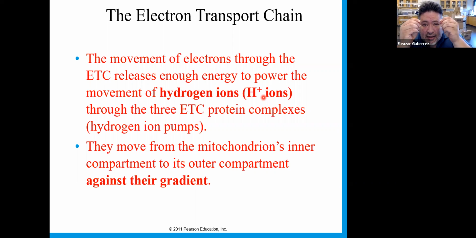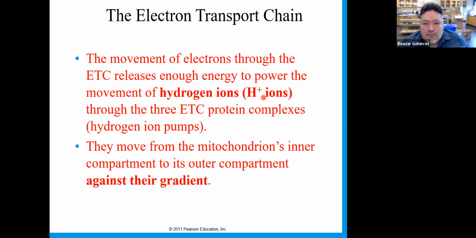Absolutely not. Just like phosphate groups don't want to be next to each other because of those net negative charges, protons are very, very tiny, but they have a complete positive charge, and they sure as heck don't want to be next to each other. And this is the kind of gradient that is being built in the intermembrane space of your mitochondria.